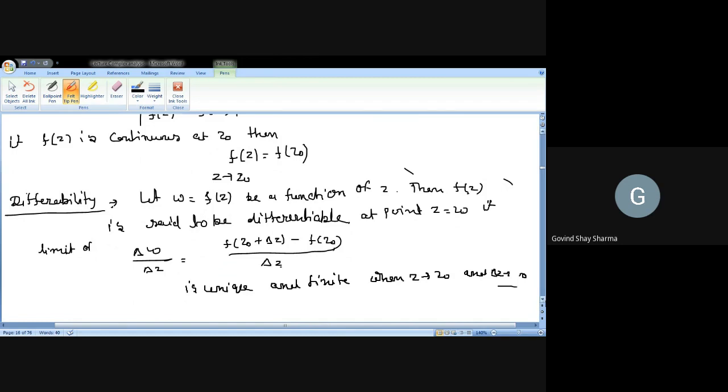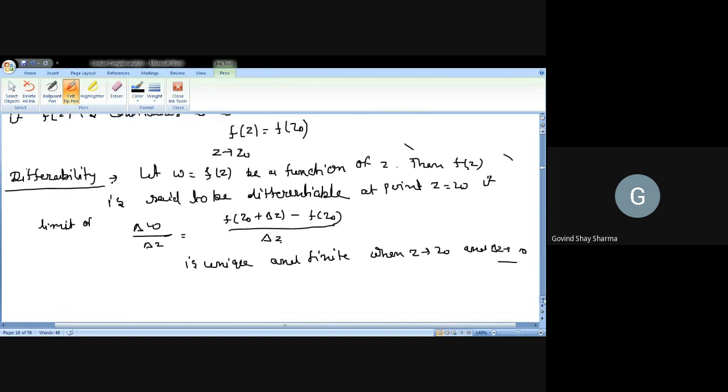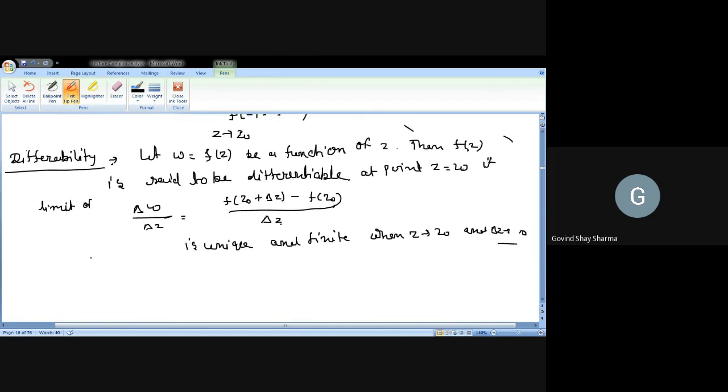What is the meaning of analytic function? We can write f dash(z0) as the limit of [f(z0 + delta z) - f(z0)] / delta z. This is called differentiability.